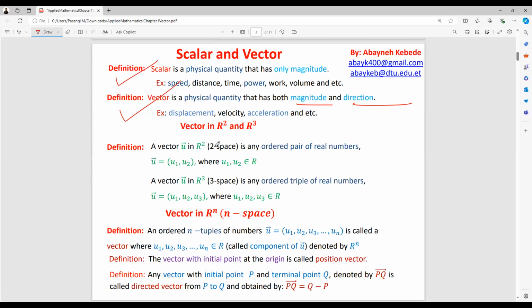What do you think? If it's R squared, 2D. Yes. So if it's R squared, then that means it's in what we call the 2D plane. But for R cube, what will happen there? It will be in which kind of space?